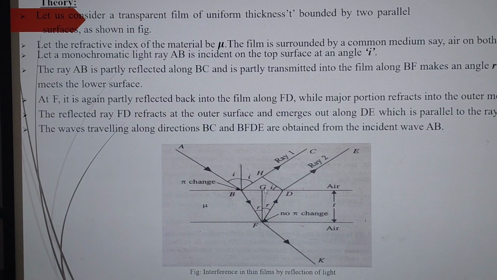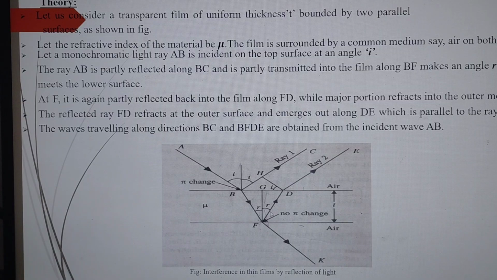It meets the lower surface at F and is again partially reflected back along FD.